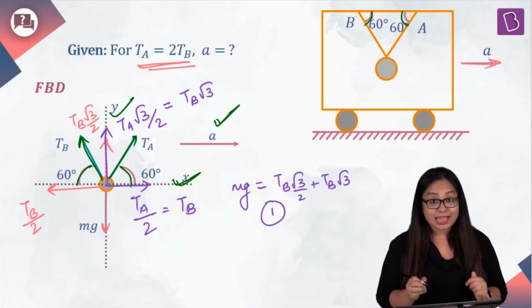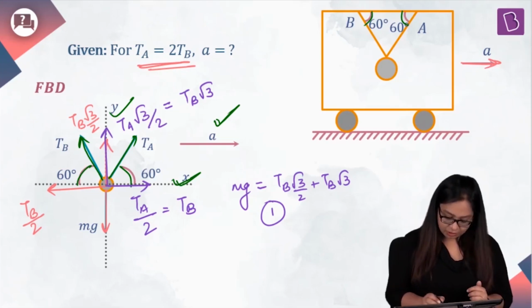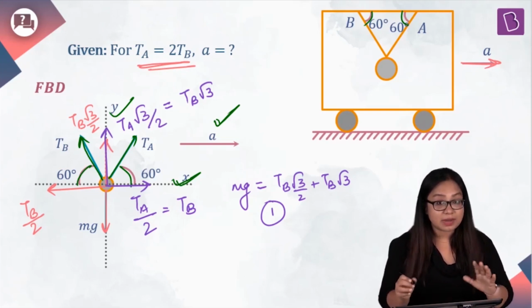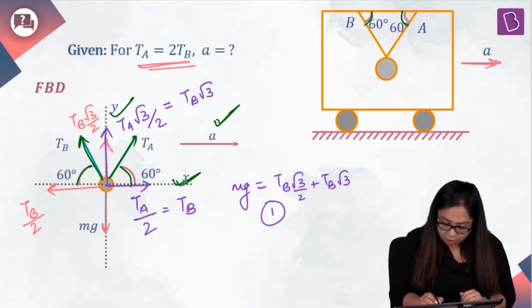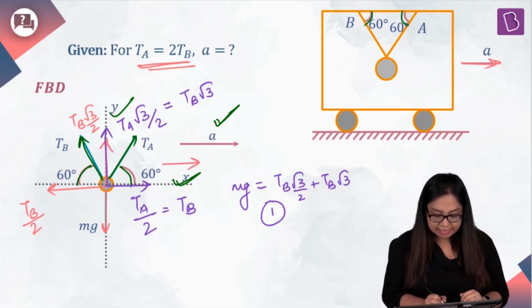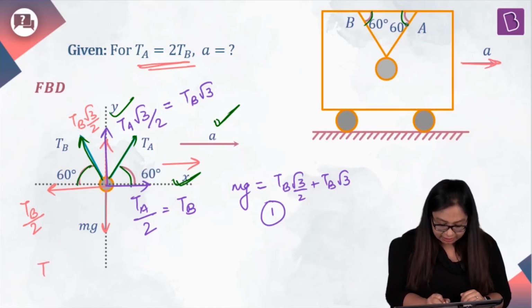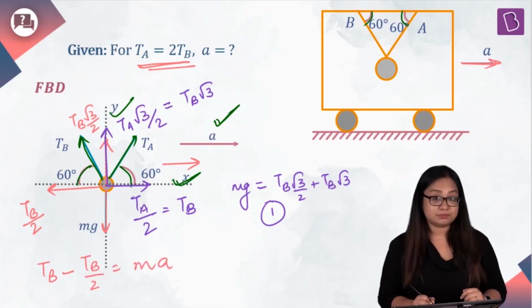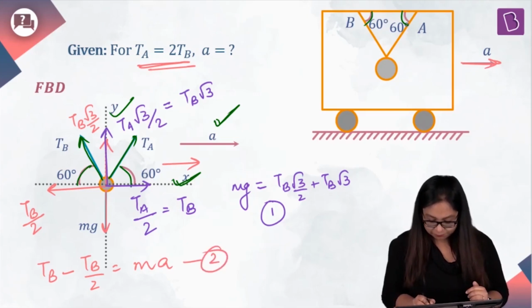Another equation for X direction, right? All right. So for X direction, I can say net external force is equal to mass into acceleration. And horizontal acceleration is in this direction. So of course, TA by 2, which is TB, minus TB by 2 is equal to mass into acceleration. Okay, this is equation number 2.